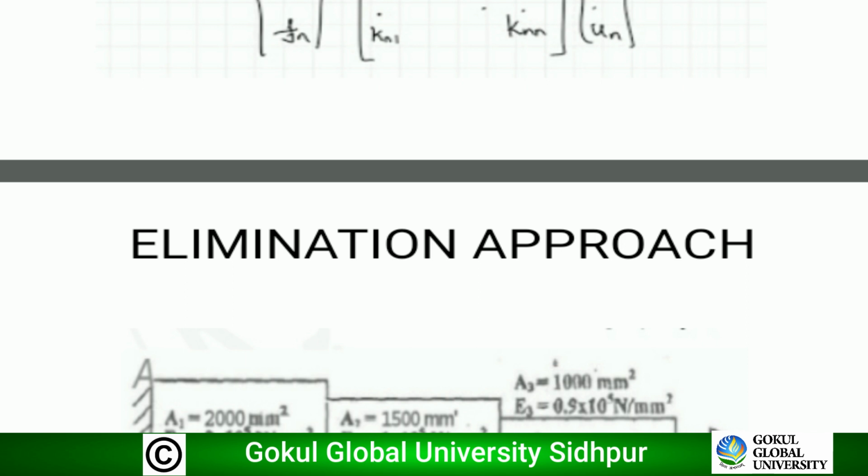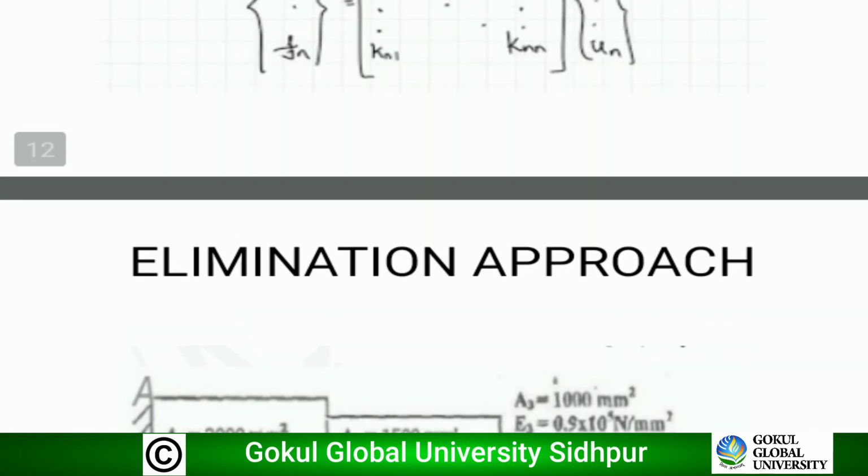If node number 1 is fixed, then you can remove from the KQ is equal to F equation the first row and first column in this example, and your next equation would be a 3 by 3 matrix, right?